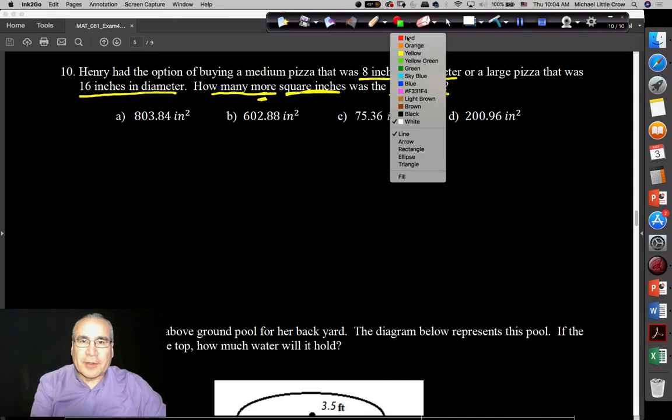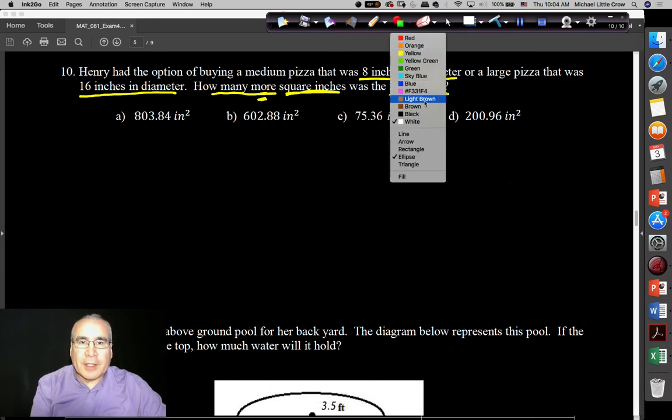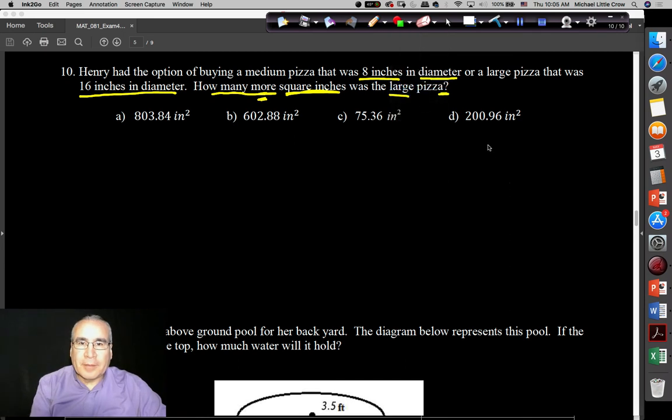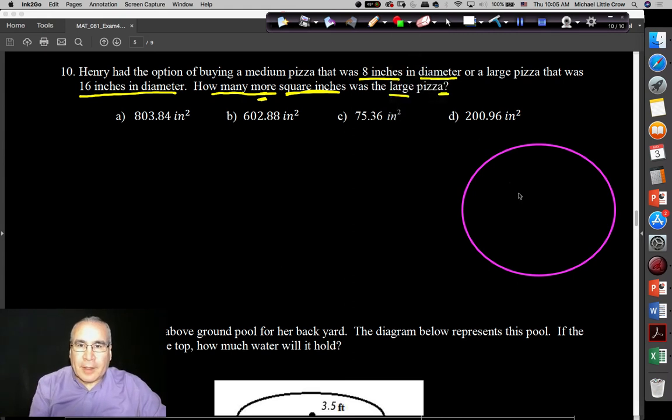So we're going to draw a circle. It calls it an ellipse, but let's make the larger one. There we go. So here's our large pizza. And we have a smaller pizza that we're going to compare.